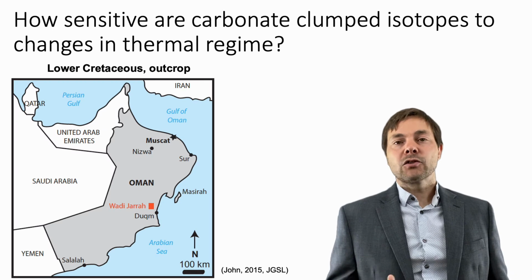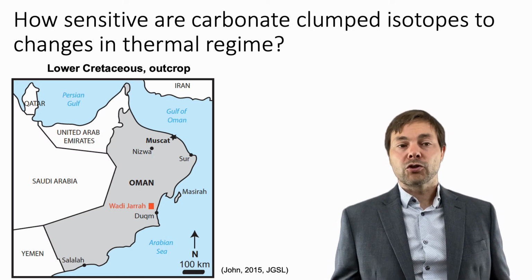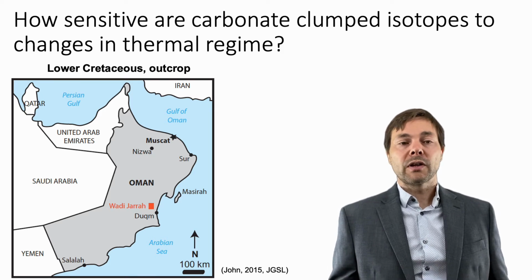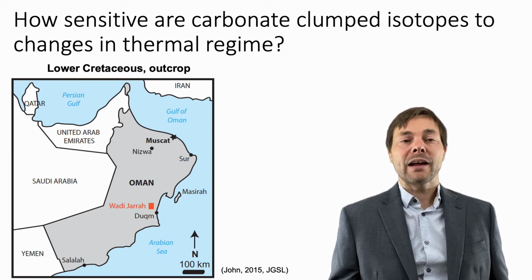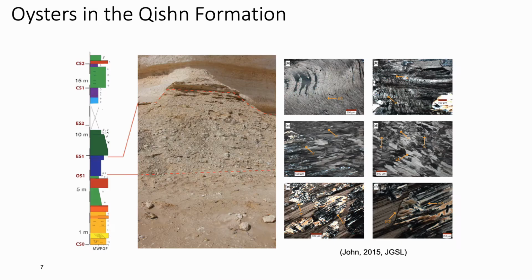So where did that story begin, that story of trying to do thermal history in our research group using clumped isotopes for carbonate? Well, actually, it began a while ago in Oman, where we did a lot of field work. And we noticed that in this setting, we had some clay packages with nice, at least superficially well-preserved, oysters.